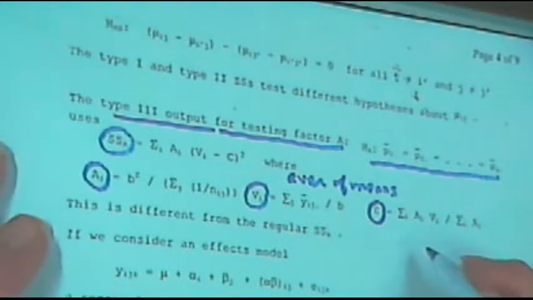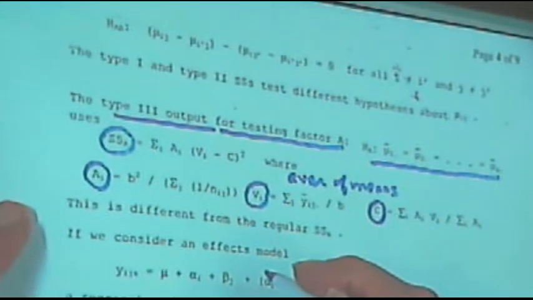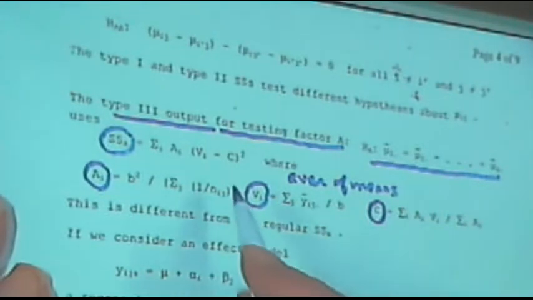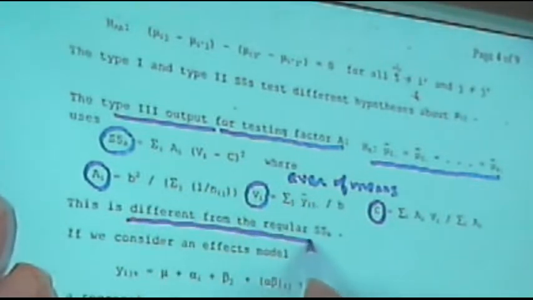So anyway, these formulas are suitable for even hand calculation. Back in the original days, before the days of computers, this is the way people calculated sum of squares A by hand. They did this kind of arithmetic. So the point of showing you these formulas isn't that I'm worried about you using them to do calculations, it is to just put them in front of your eye and say, you can see this is different from the regular sum of squares A. It's not the same thing.